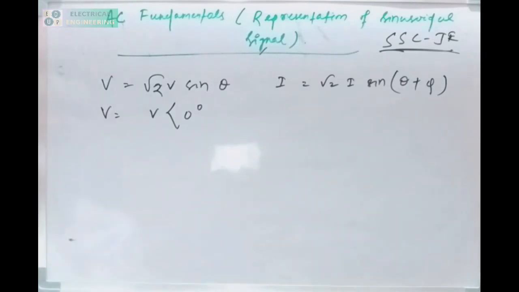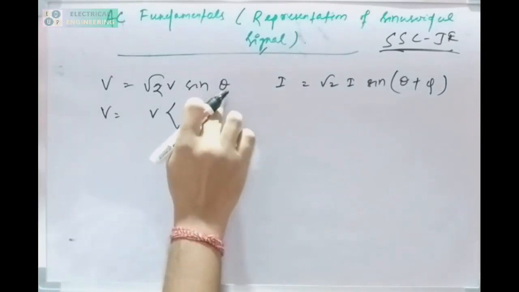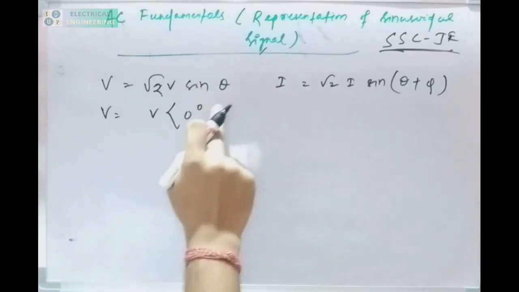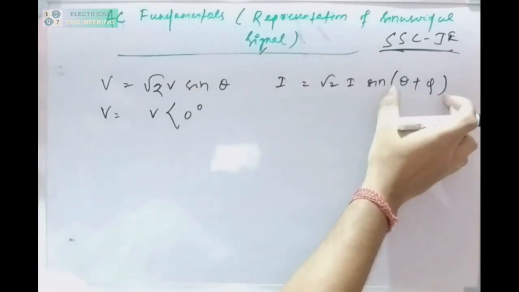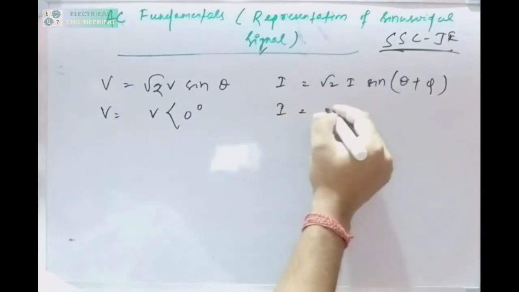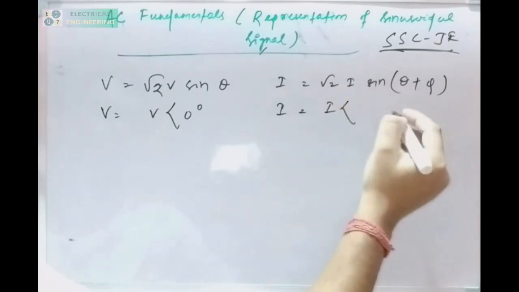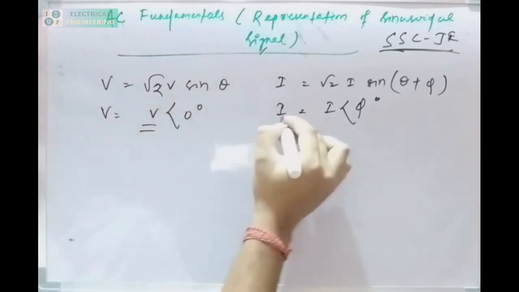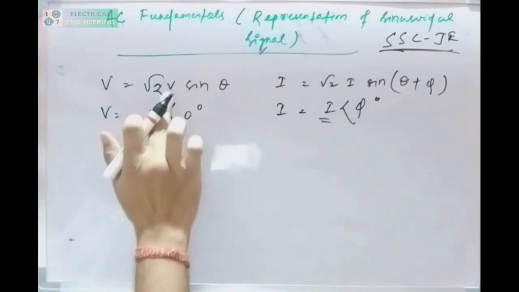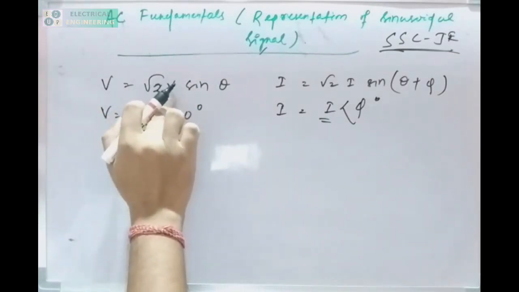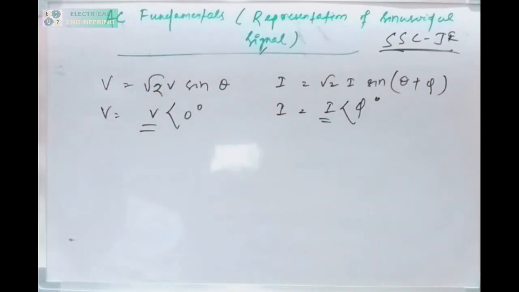If I am taking the reference as 0 degree, I can take theta as 0 degree. Then this much will be 0 plus phi, that is phi degree. So I can write current as I angle phi degree. Remember, this V and this I are RMS values. If I multiply root 2 with the RMS value, then I'll get the peak value. Okay, so that is the polar form.